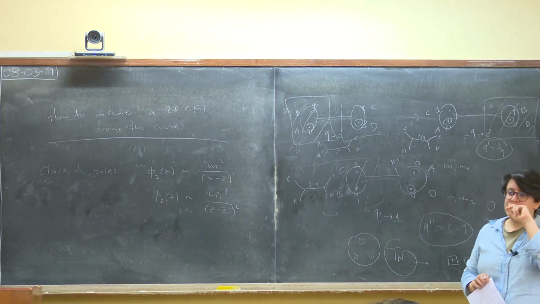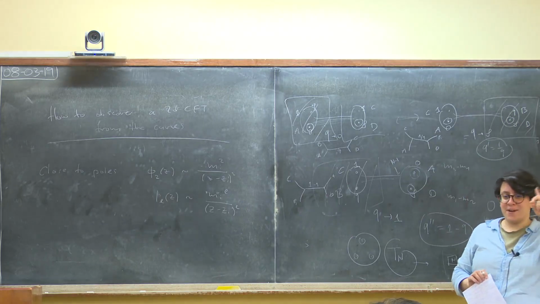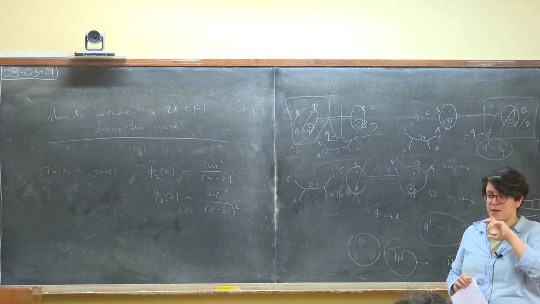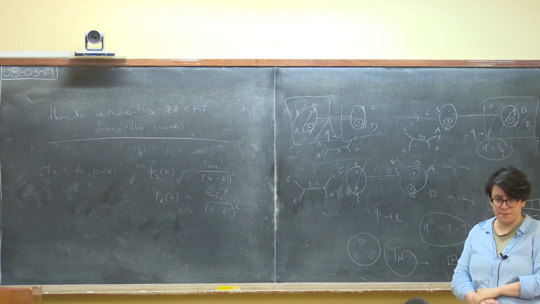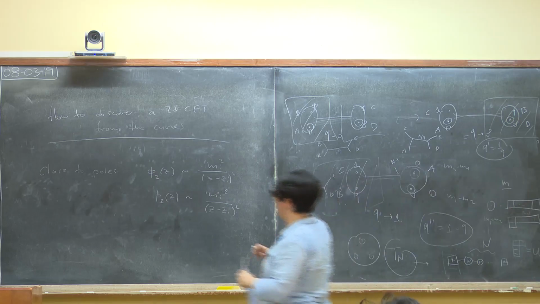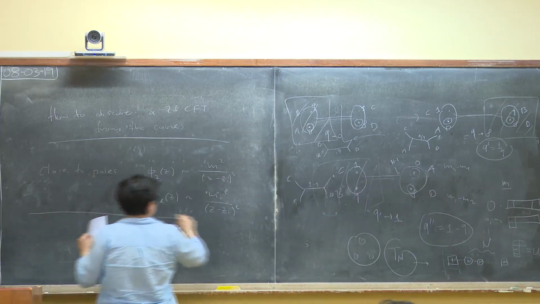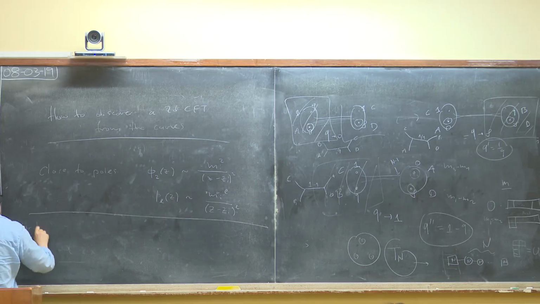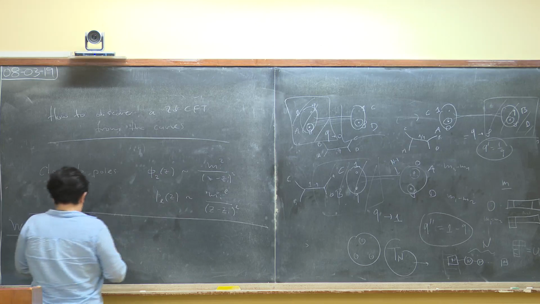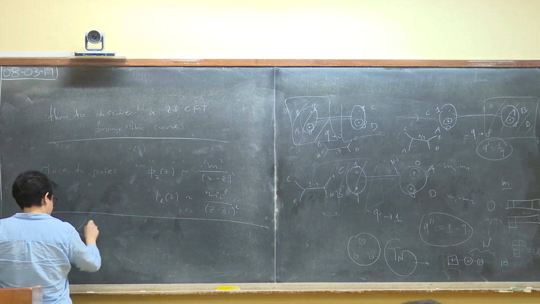Now, if you have ever taken one class on CFT or read by yourself, the first thing you ever learn is Ward identities. Let's write the Ward identity. So the Ward identity is this.